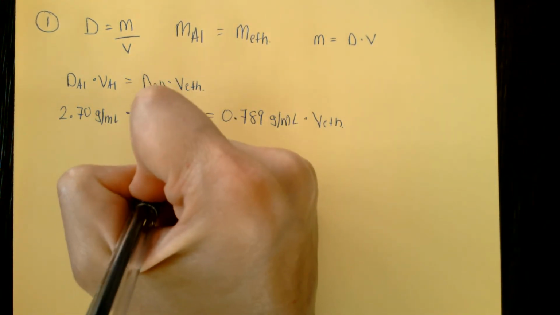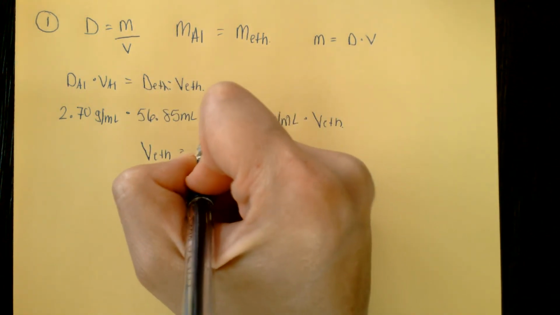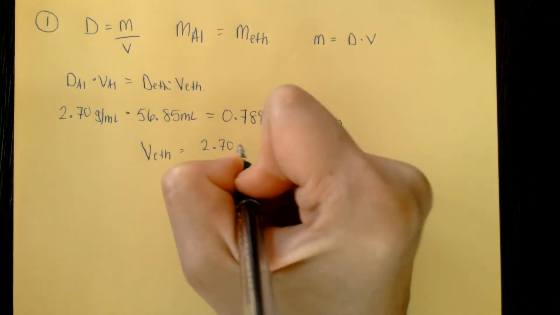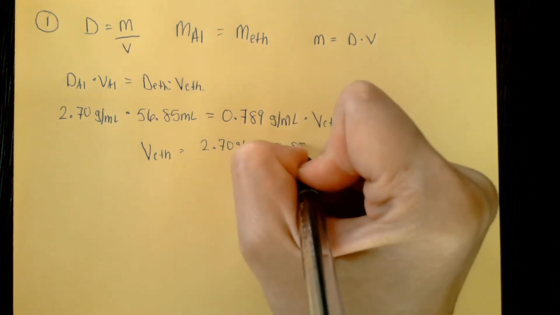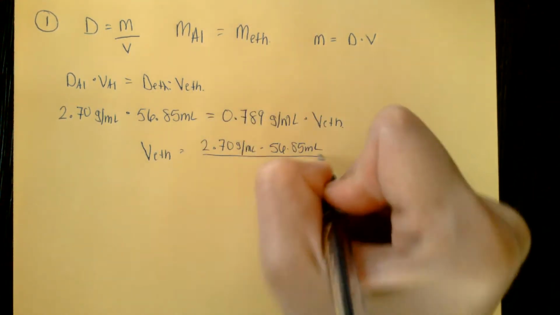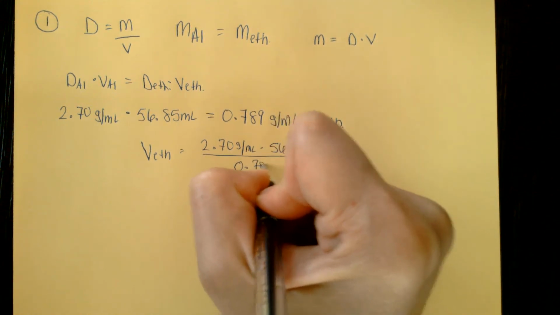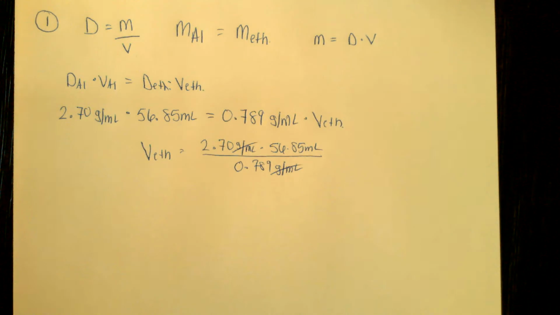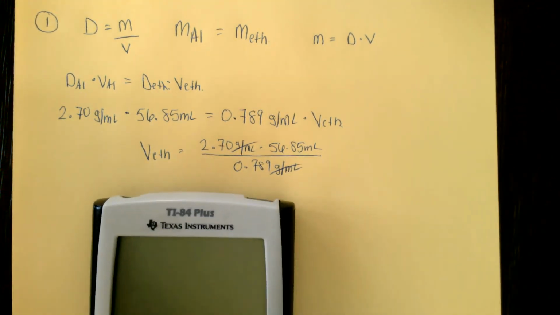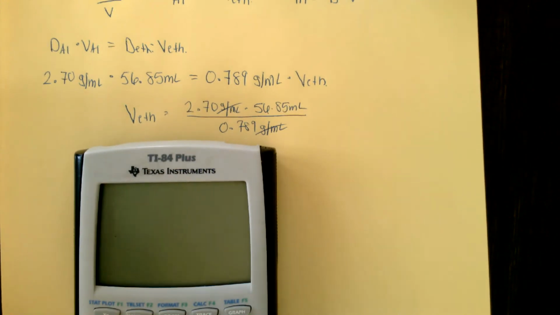Volume of ethanol will be equal to 2.70 grams per milliliter times 56.85 milliliters divided by 0.789 grams per milliliter. So my grams per milliliter cancel, and I'm solving for my volume of ethanol in milliliters.